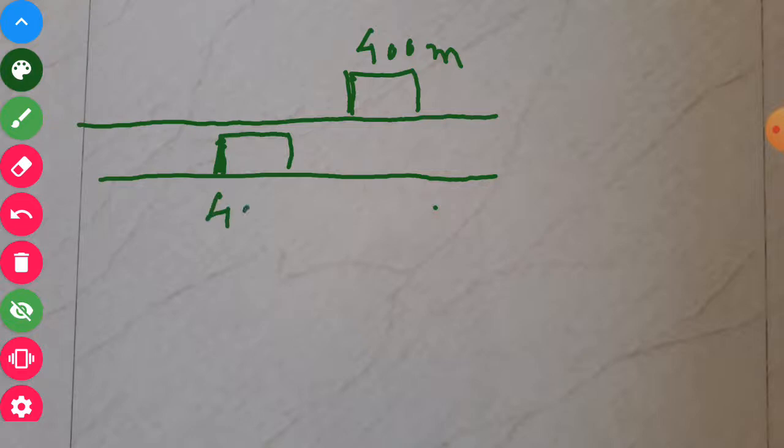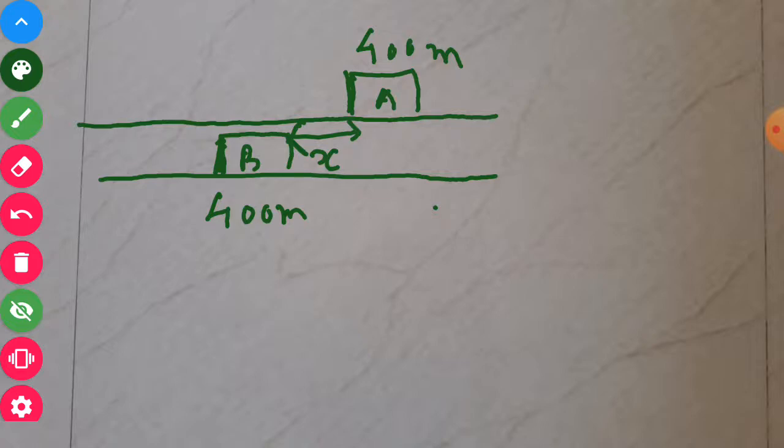So this is also 400 meter, and the distance between the last part of the first train, that is A, and the initial part of train B is x. We consider that this distance is x.